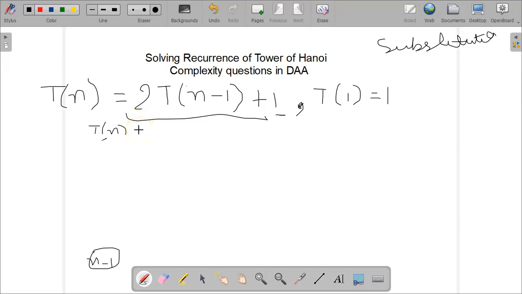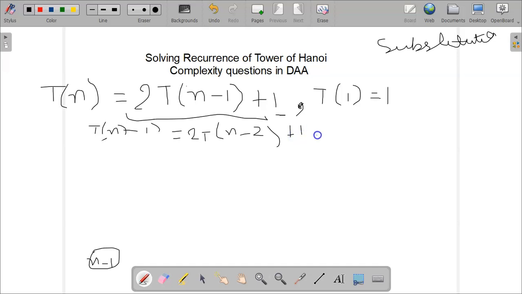Now for solving using the substitution method, we have been given T(n). Let us find out what T(n-1) is. T(n-1) will be 2T(n-2) + 1.